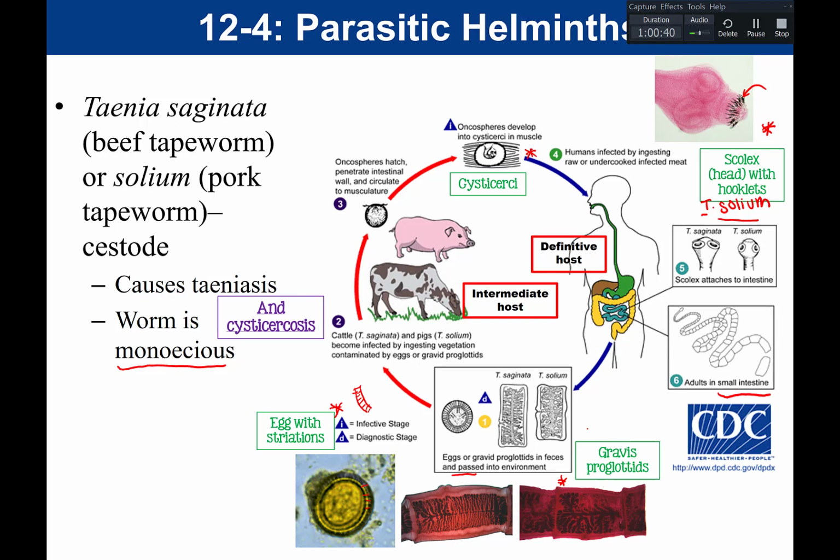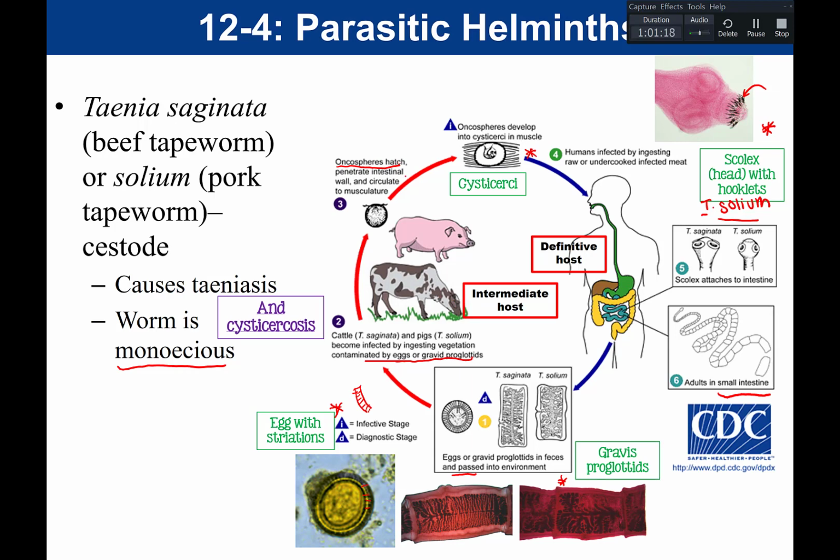Now, the way that cattle and pigs become infected is by ingesting vegetation contaminated with the eggs or gravid proglottids. So they are grazing and they ingest the eggs or the gravid proglottids, which contain the eggs. Now, in the animal, the oncospheres are going to hatch.